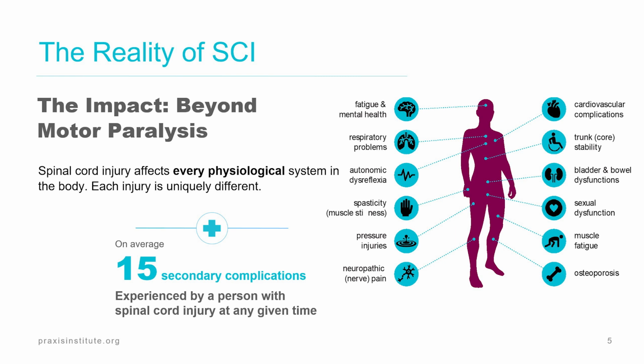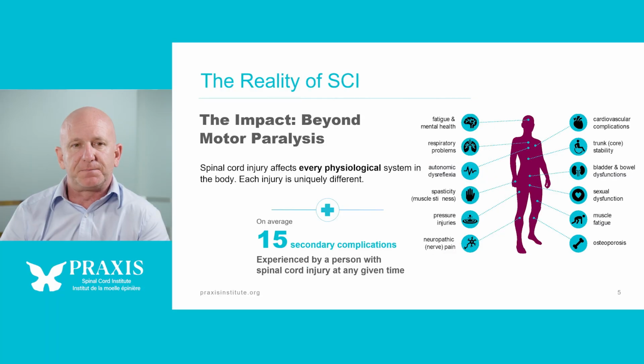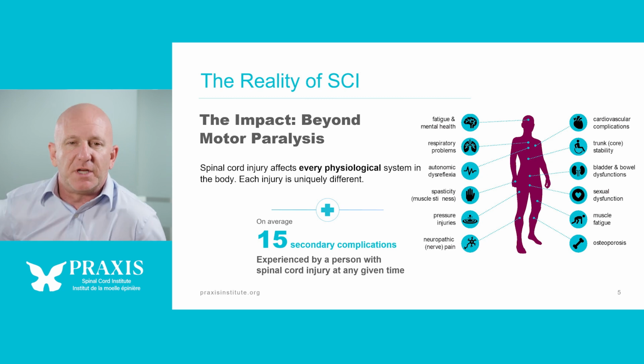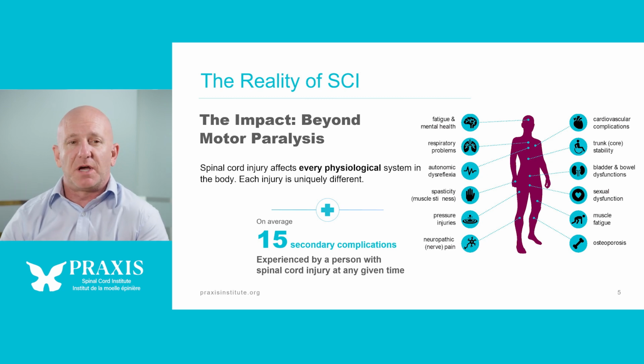It can lead to respiratory compromise. It can affect your blood pressures and cardiovascular control, as well as lead to secondary issues such as spasticity, neuropathic pain, pressure injuries, and more. On average, an individual can experience up to 15 secondary complications at any given time.